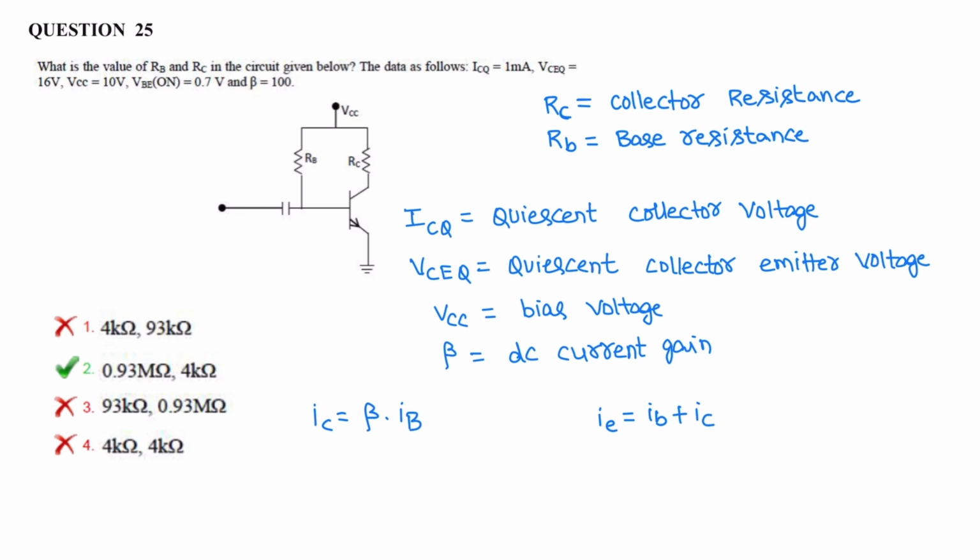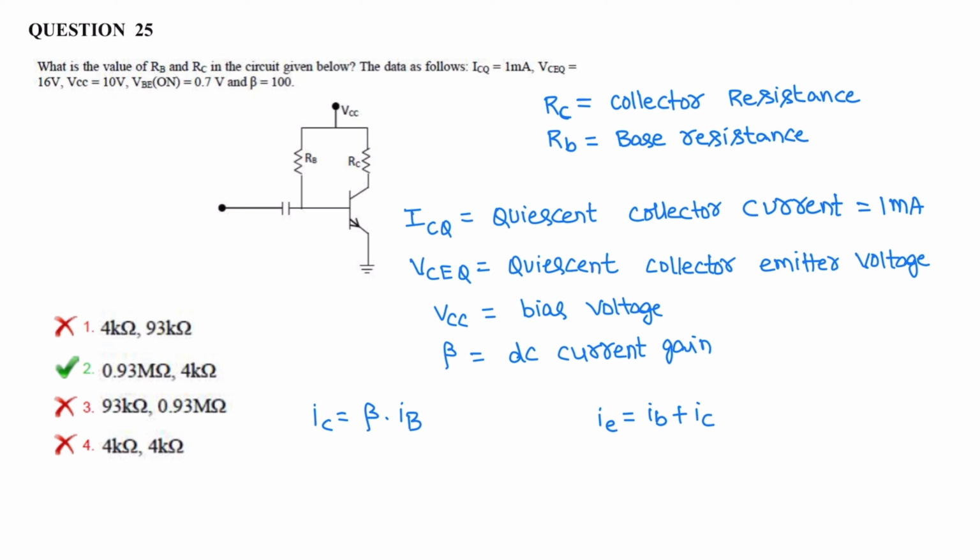Question number 25. What is the value of RB and RC in the circuit given below? The data is as follows: ICQ, the quiescent collector current, is given as 1 milliampere.